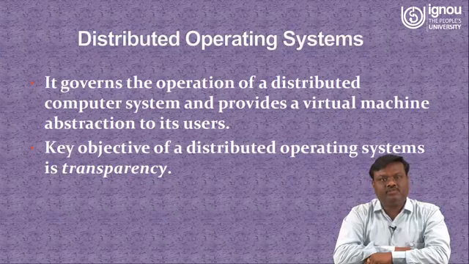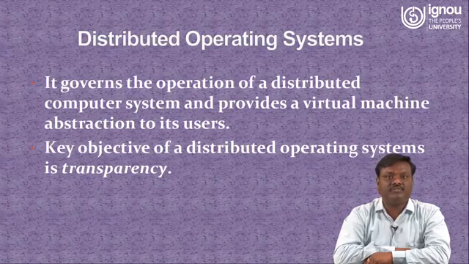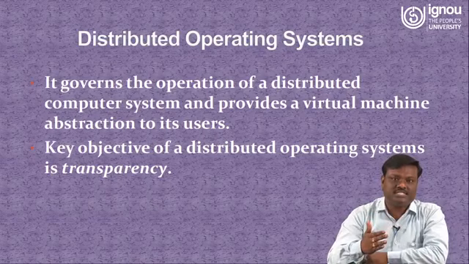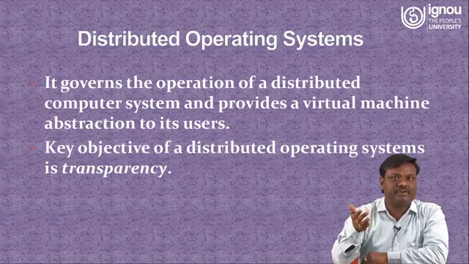So, the distributed operating system. This particular distributed operating system governs the operation of a distributed computer system and provides a virtual machine abstraction to its users. In this distributed system, the systems may exist some miles away.